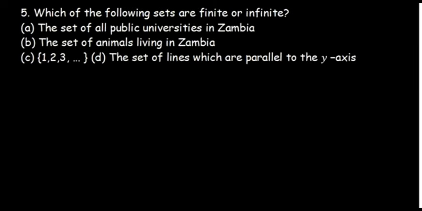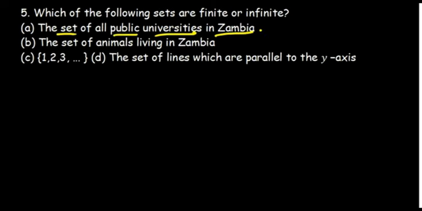Question 5. Which of the following sets are finite or infinite? We're trying to determine whether a set has a limited or unlimited number of elements. Talking about the set of universities in Zambia, are they known or not?